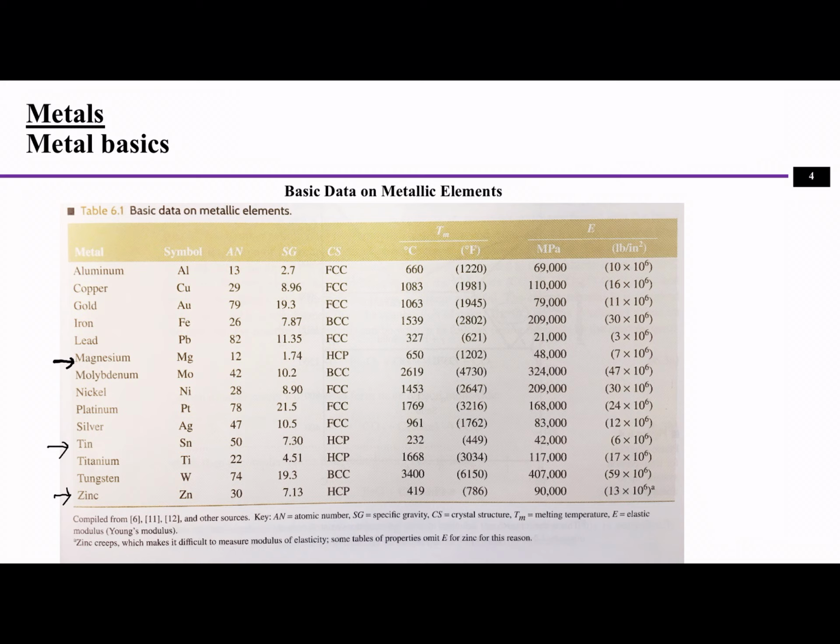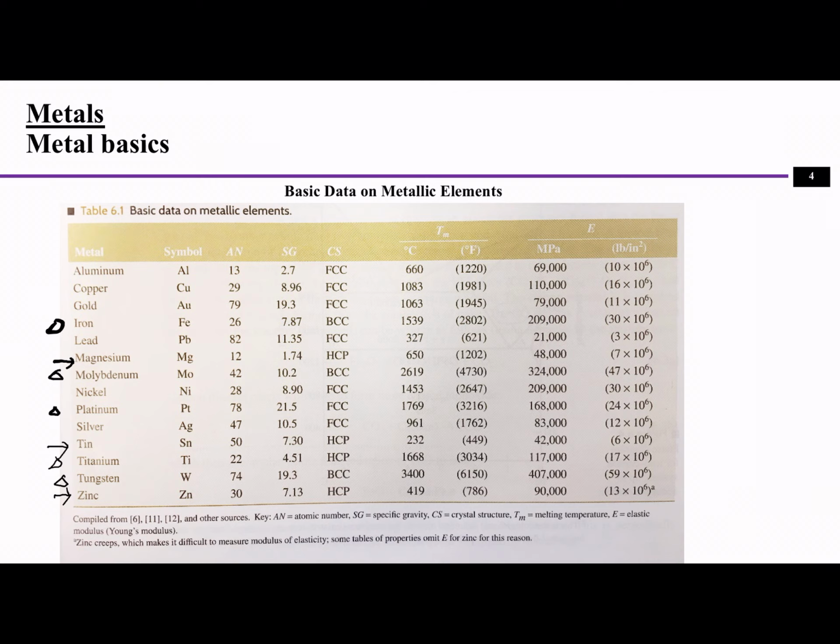And also there are some really high melting temperature metals. For example, tungsten, molybdenum, and also platinum, and also iron and titanium.